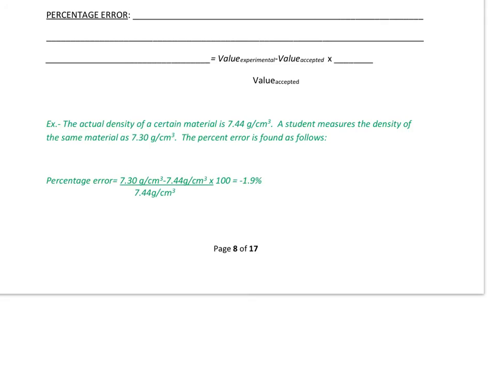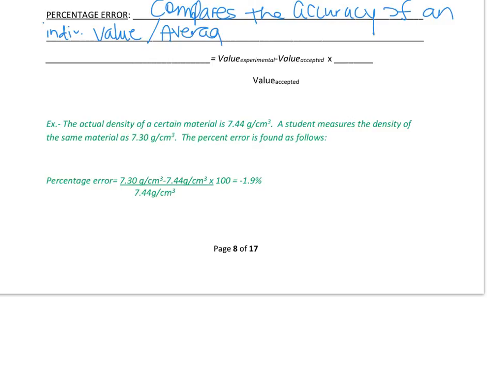So percent error is another term and process that you need to know. It just compares the accuracy of an individual value or data point or an average with the correct or accepted value.